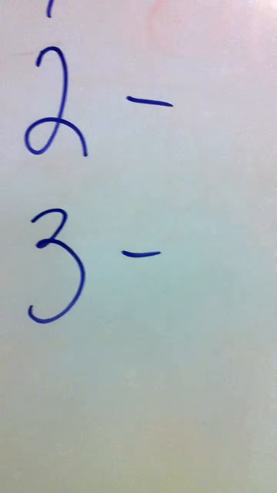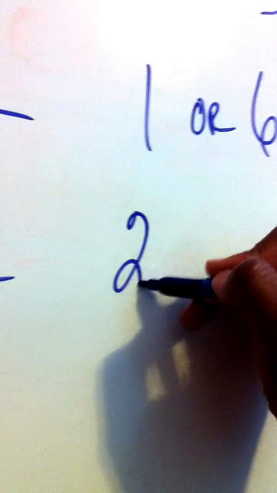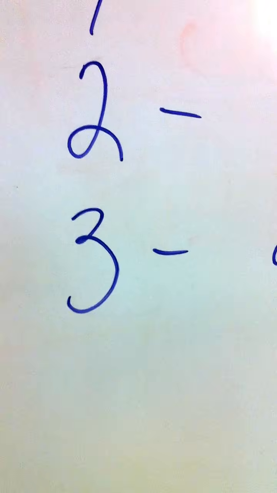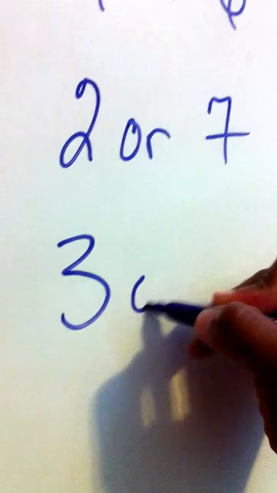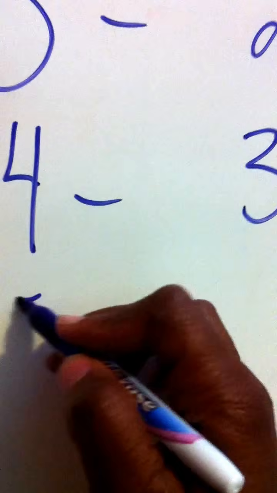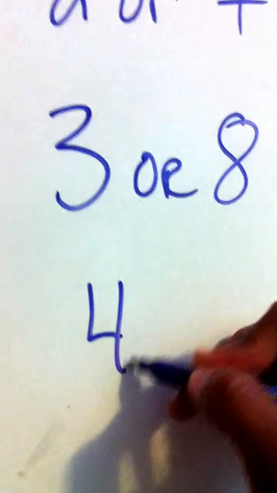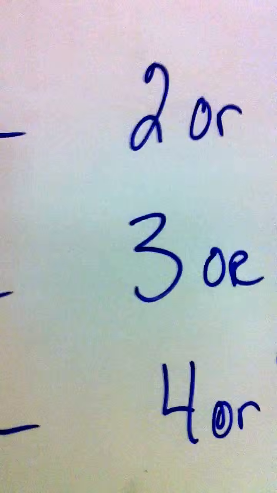You have 3. 3 in the V-track means that sometimes it may bring a 2 or a 7. You have 4, which sometimes may bring a 3 or an 8. Okay, and last we have 5. The 5 may bring a 4 or a 9.